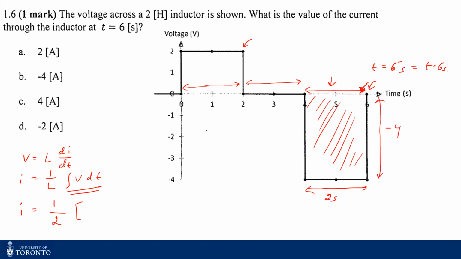So the integral is just 2 times minus 4, right? So therefore, my current is just minus 4 amperes, right? So the correct option would be option B.